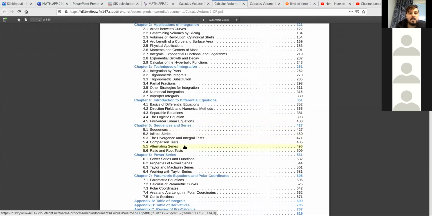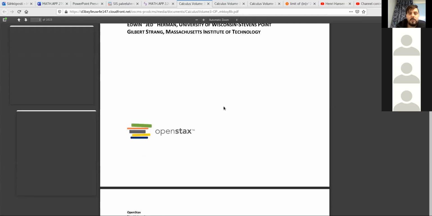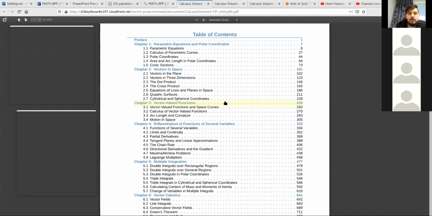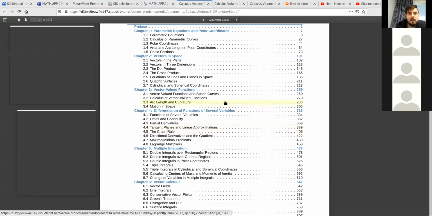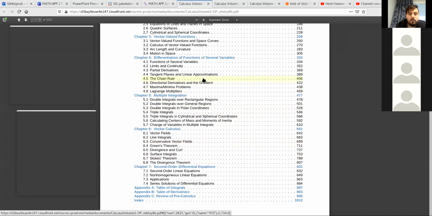So I skipped sequences and series and instead moved pretty much to this, where we talked about the second order linear differential equations. You can skip all of this book 3, only chapter 7 really was at play.